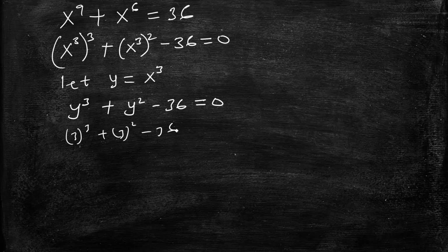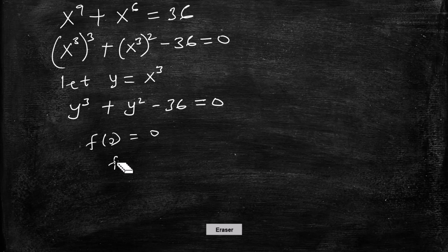So if f of 3 is equal to 0, it means y minus 3 is a factor. Okay, so let's divide this by that.